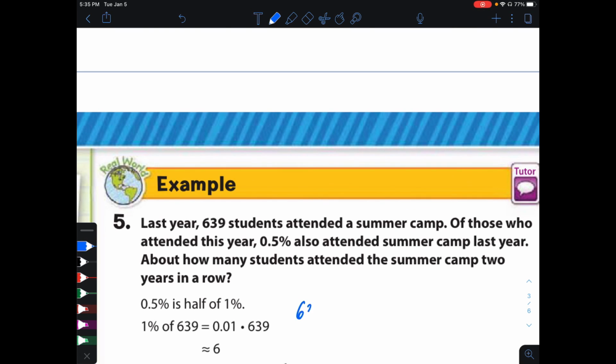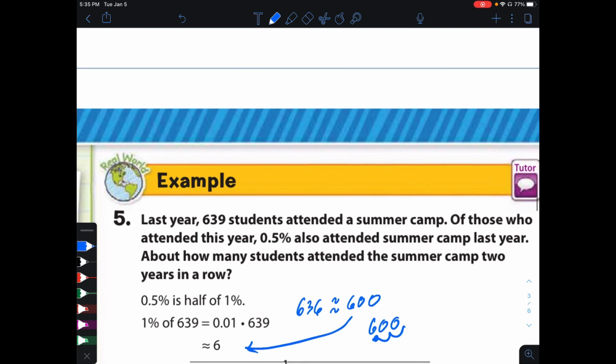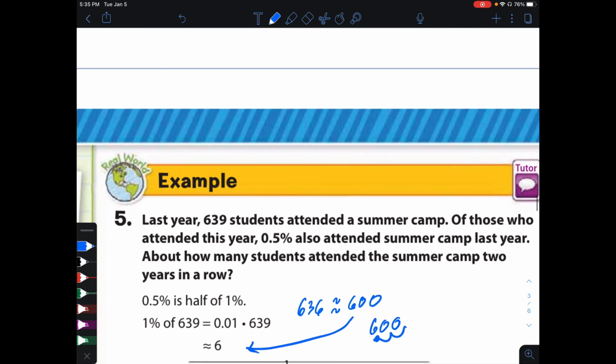So 639 can be rounded off to 600, and that's how we got 6. Because if I multiply this by 0.01, I move my decimal place 2 spaces to the left, that'll give me 6. So now we have 6, we are going to get half of that because we know that 0.5% is half of 1%.